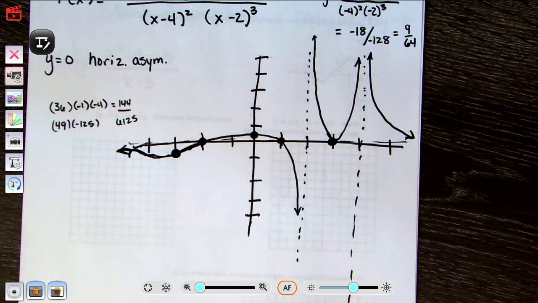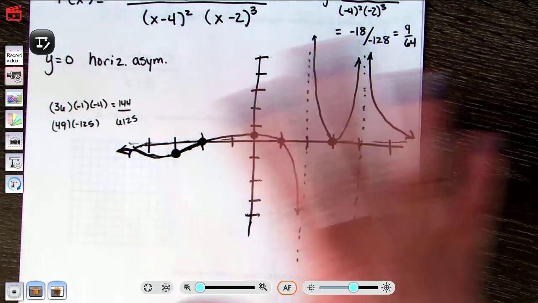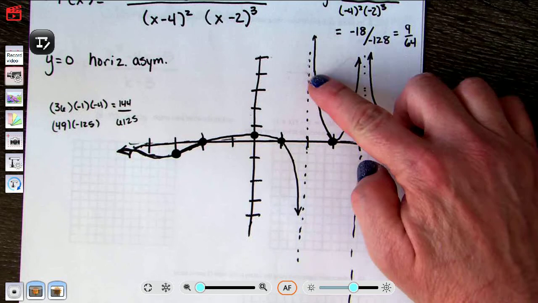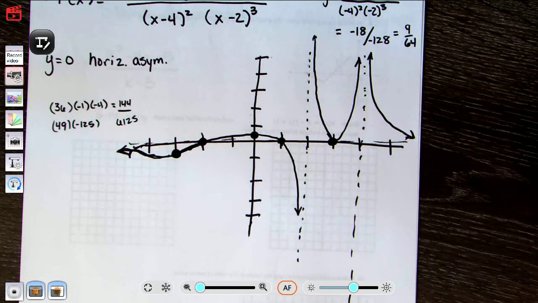I could have put in 1/2. I could have put -1 in. I could have put 2.5 into that function and cranked out those y values. So in practice, yes, you should be putting in more details. But I also wanted to make sure you understand the multiplicity, how that affects our asymptotes and so forth.